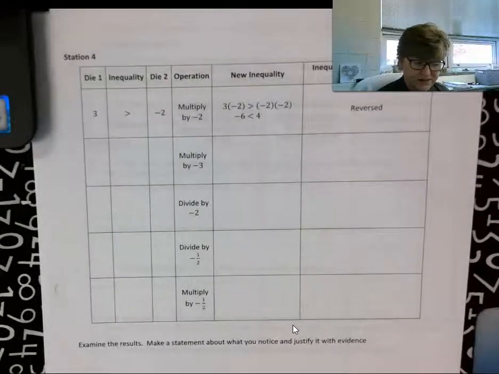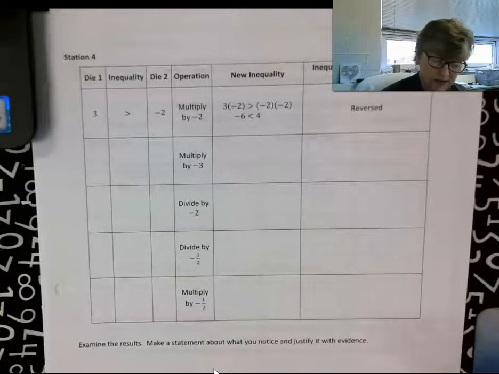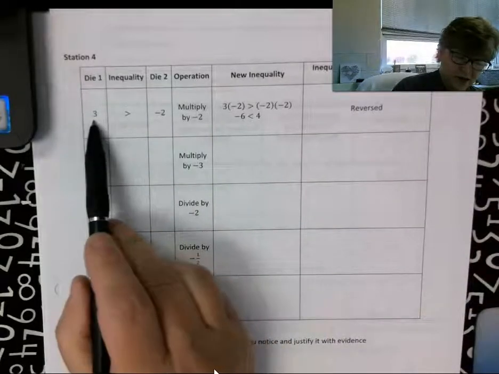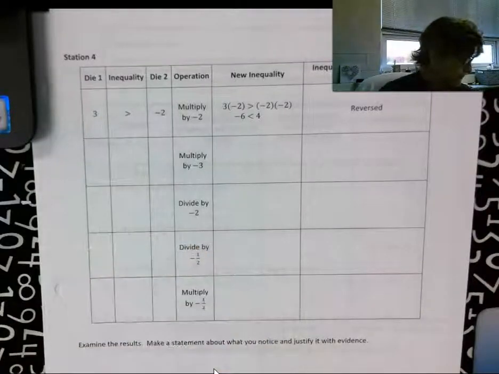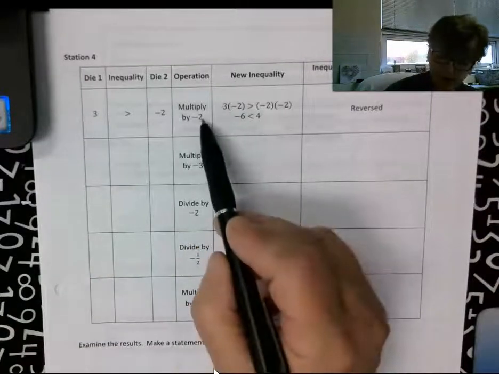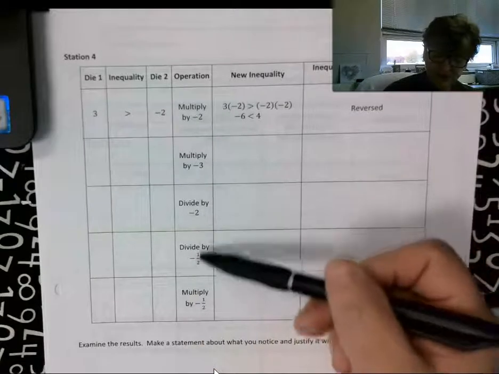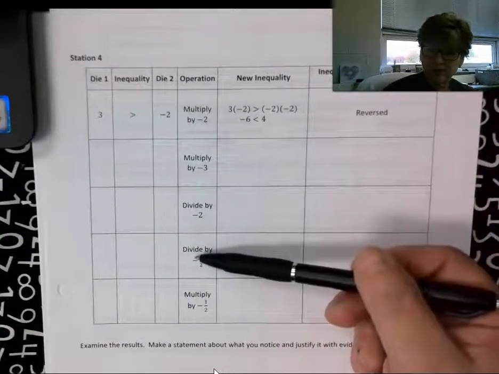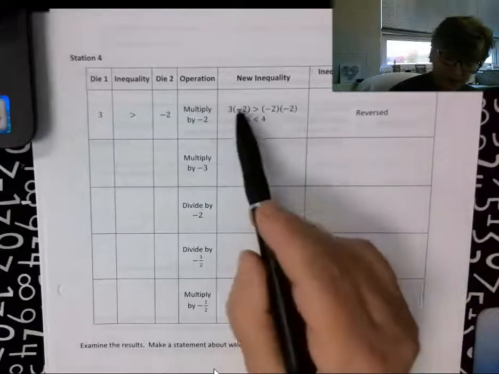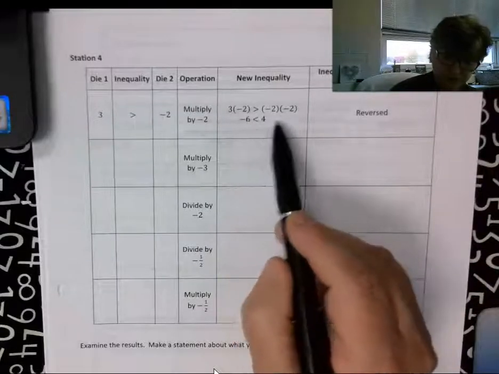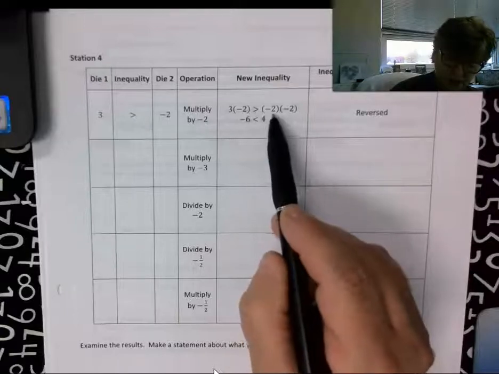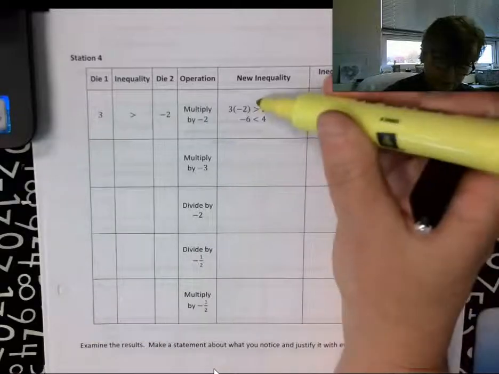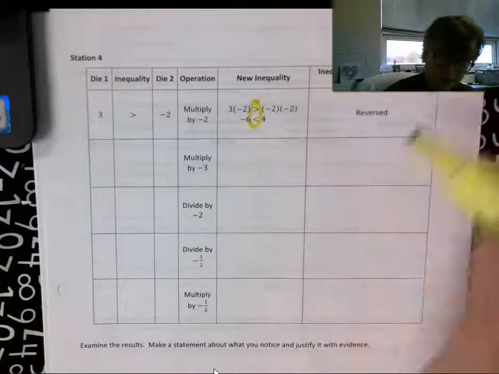Again, we're kind of doing some investigative work. And this is our last chart like this. 3 is greater than -2. So I am multiplying by -2. Notice again that these are changing. So 3 times -2 is greater than -2 times -2. Oh, let's take a look here. What has happened?